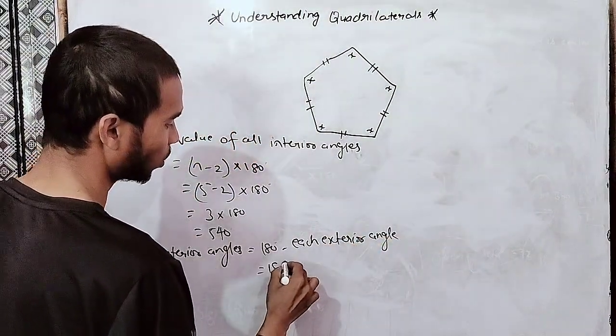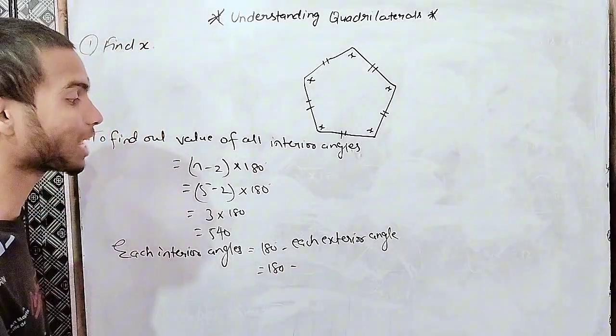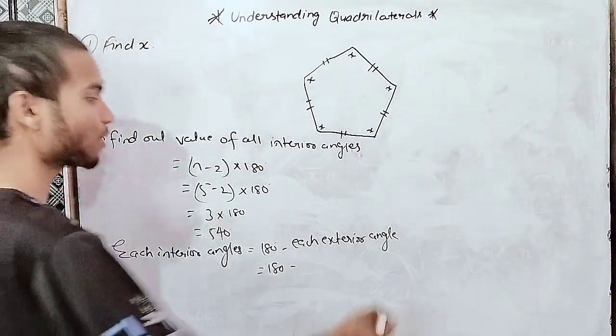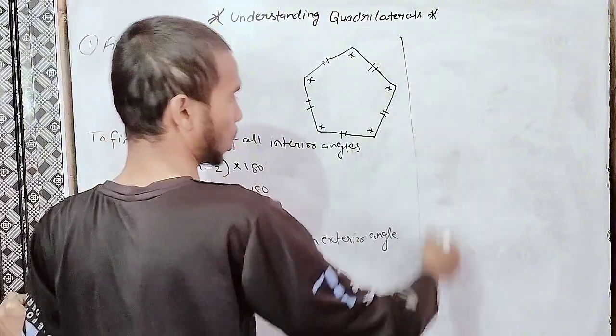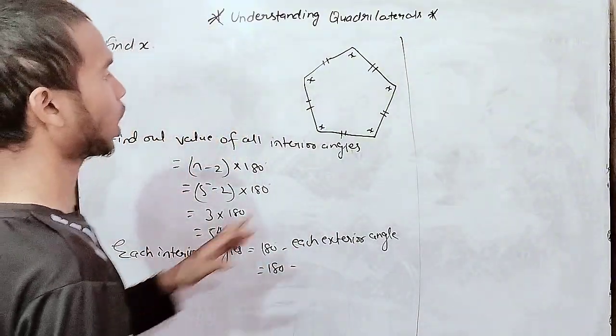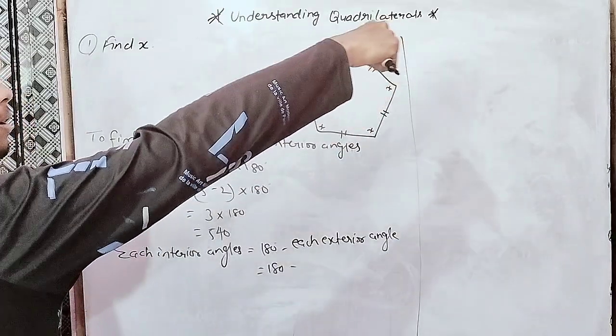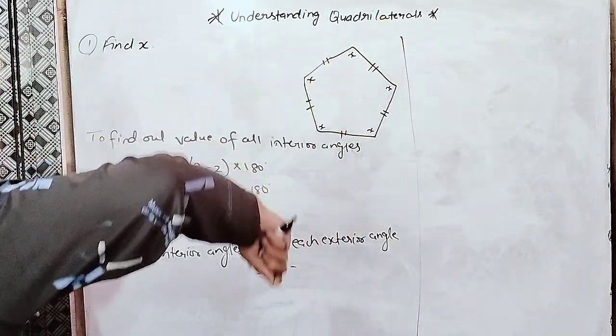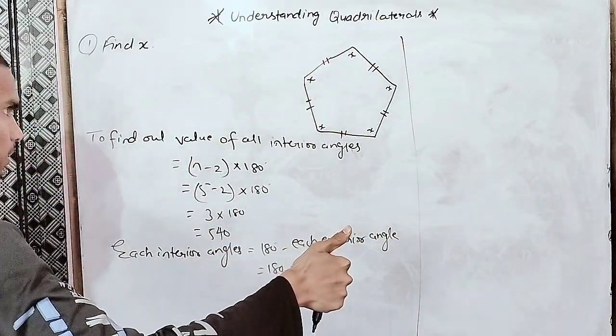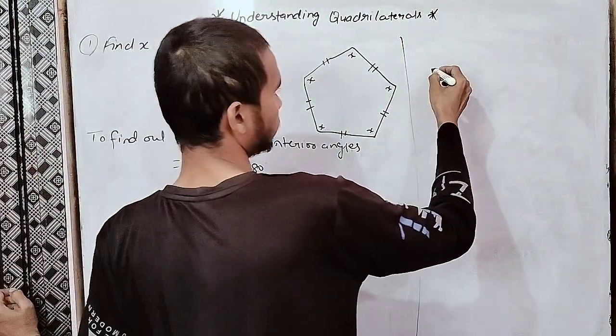But we don't know the value of each exterior angle, so we can find it. How? Already we know the value of all exterior angles of a polygon is 360 degrees.